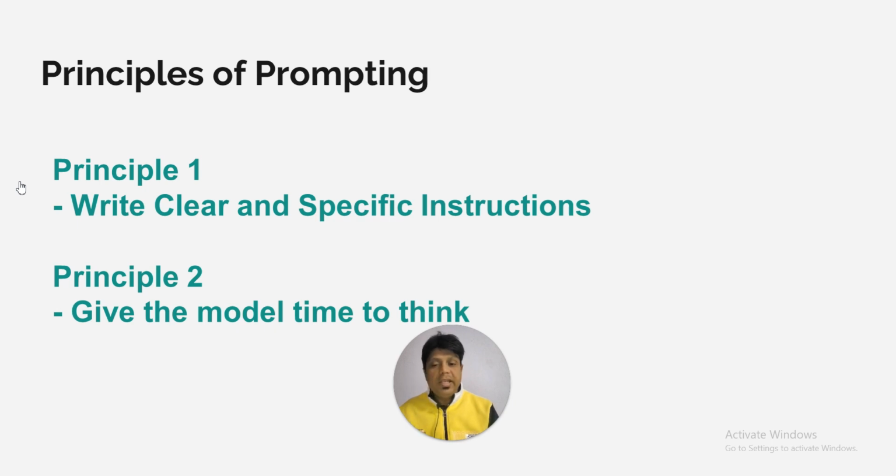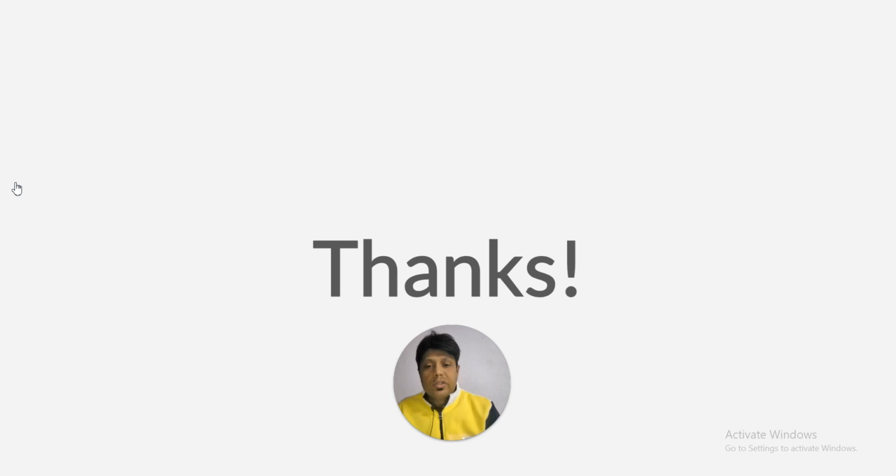What we mean by giving the model time to think is that when we divide the problem into multiple steps, it gets the time which it requires to solve the problem. With steps, it understands the problem and the approach to the problem, and that's how it tries to solve the problem.